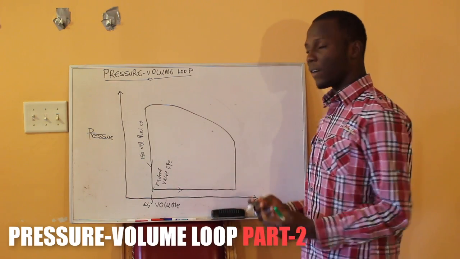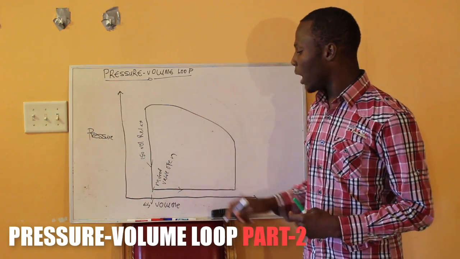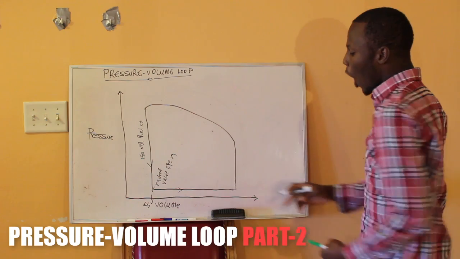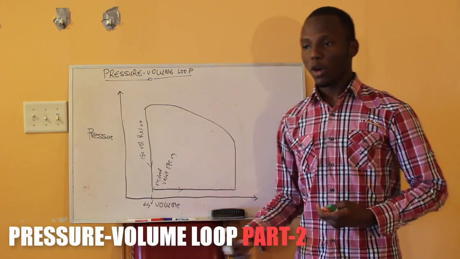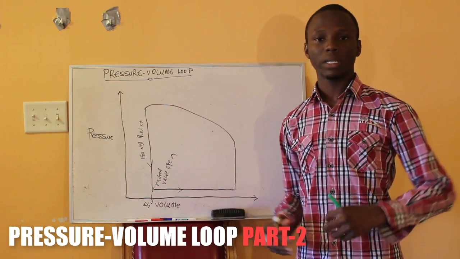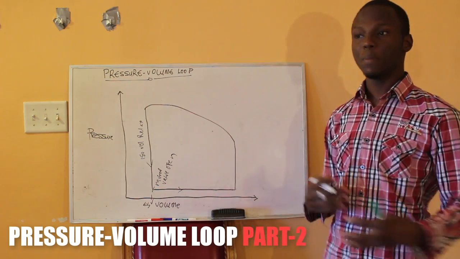Then after our mitral valve opens, we have rapid filling. You can see the filling here. It keeps filling, to the extent that the left ventricle is now ready to eject blood. It's ready to pump out blood. It now starts developing pressure.